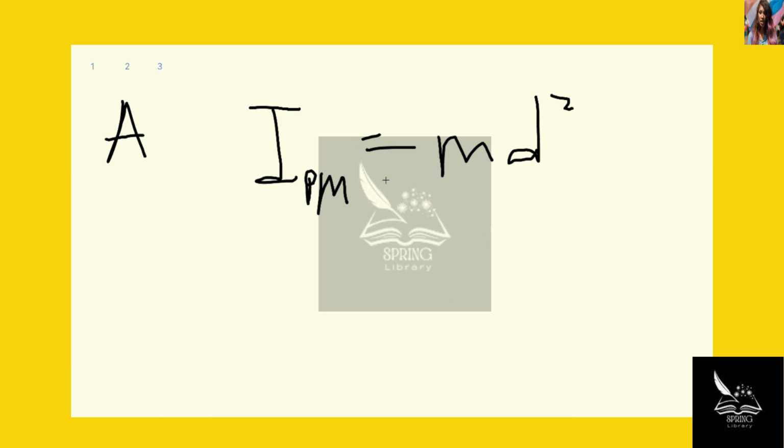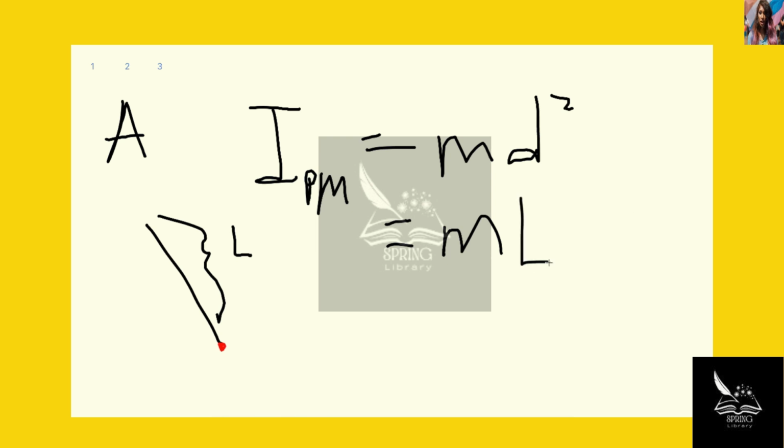And in this case, we're really talking about L, the length of the rod. So d is the distance from the point to the axis of rotation, and we can just look at our diagram and see that this length is L as given in the problem. So this is our moment of inertia.